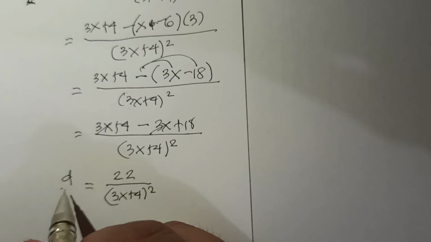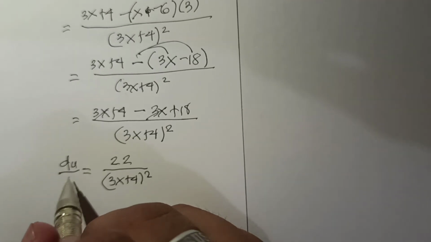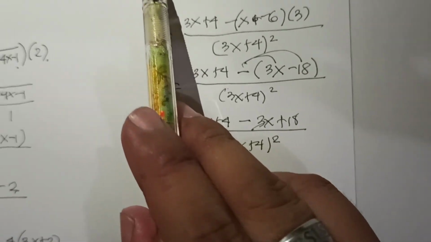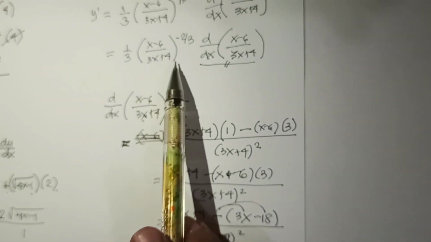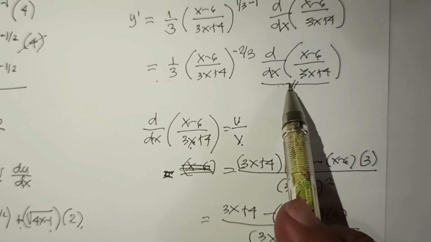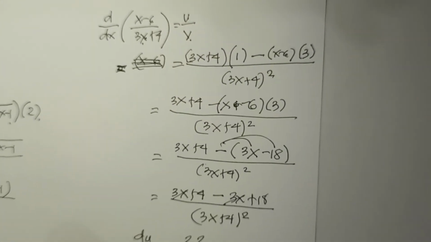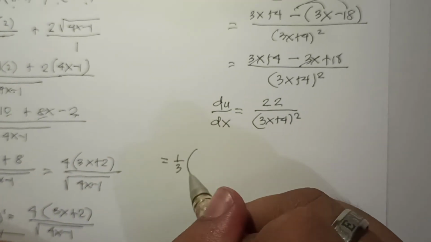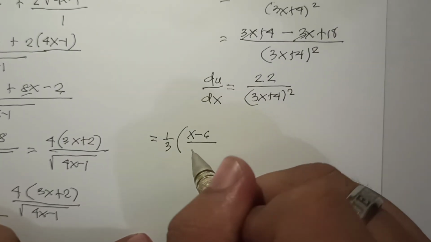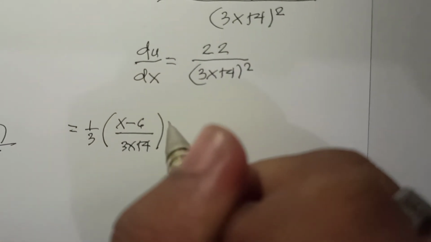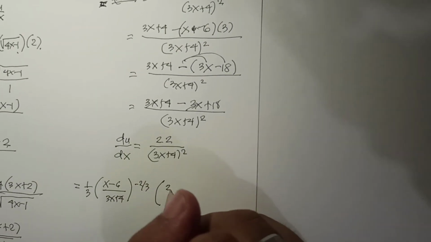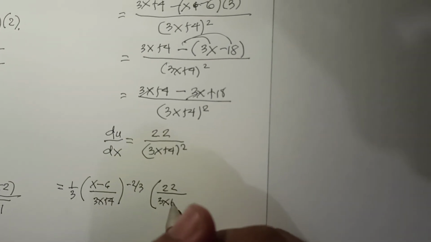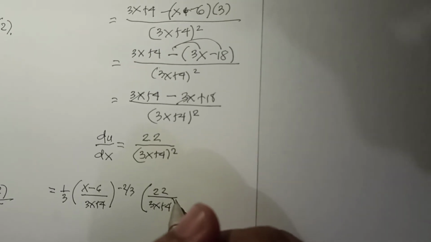So we have now the derivative of u over dx, and our u here is this one. Okay, so we have to substitute back here. So this is the last portion. So we need to copy 1/3 x minus 6 over 3x plus 4 raised to negative 2/3. And the result of this part here, we'll just copy, 22 over 3x plus 4 squared.